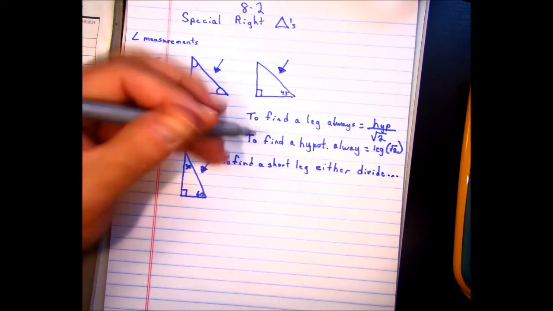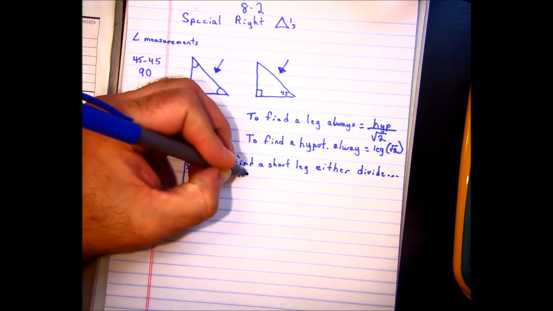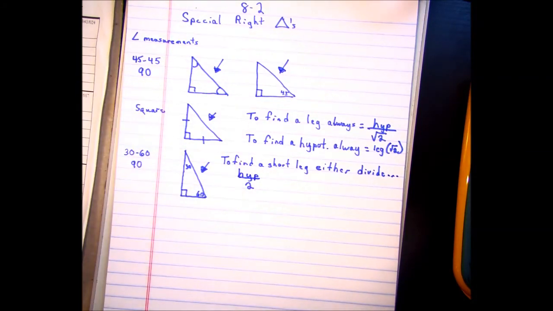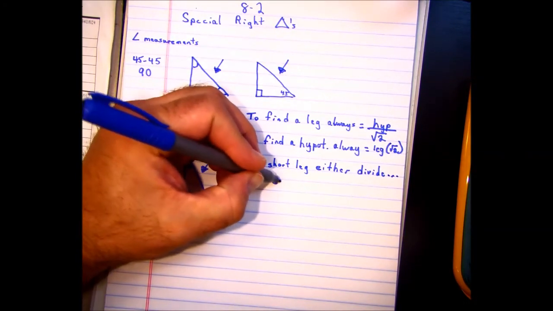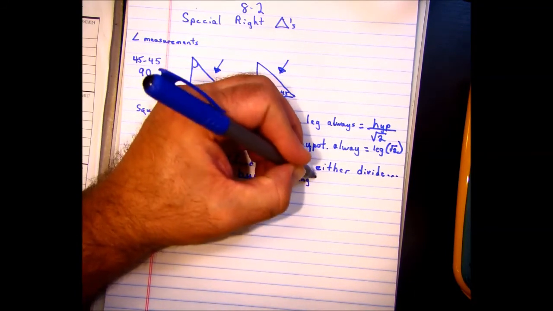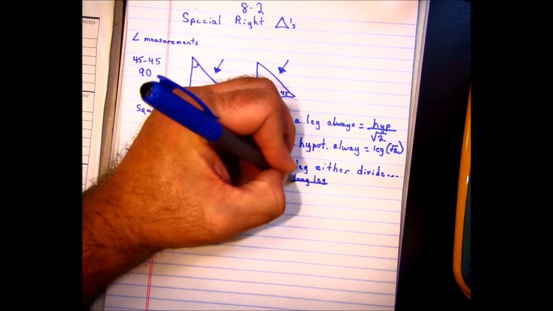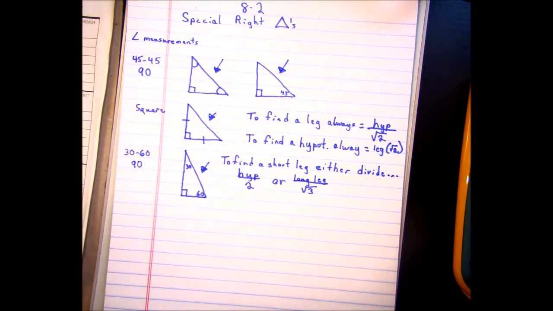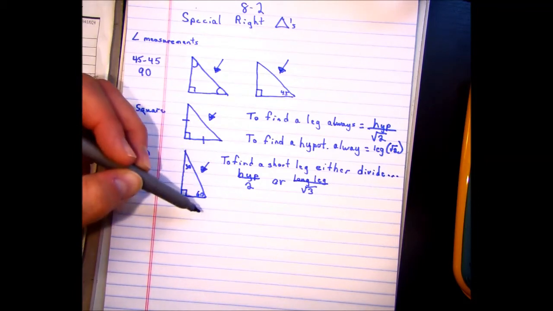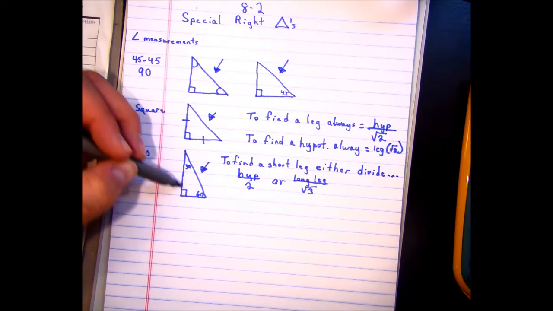You'll either divide the hypotenuse by 2 or the long leg divided by the square root of 3. Okay. So to find the short leg, you're either going to take the hypotenuse and divide by 2, or the long leg and divide by the square root of 3.